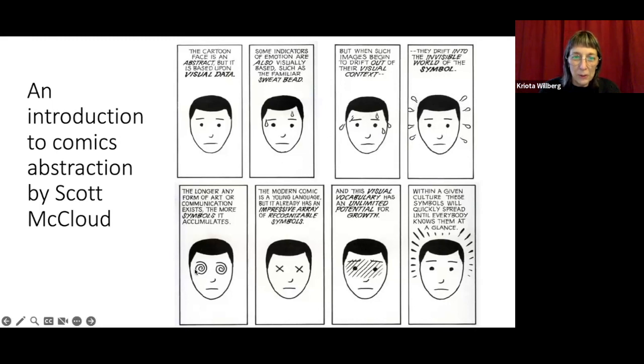And when we look at these spiral eyes, for many people that can be confusion, delusion, delirium, dementia, all sorts of things. For myself, the X's for eyes are also symbolic of death, right?